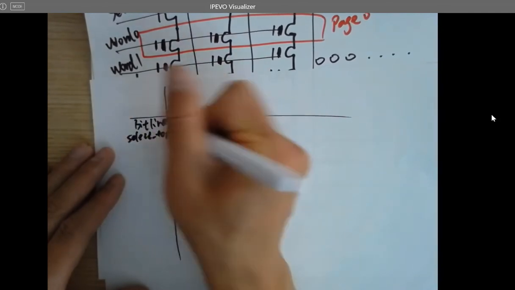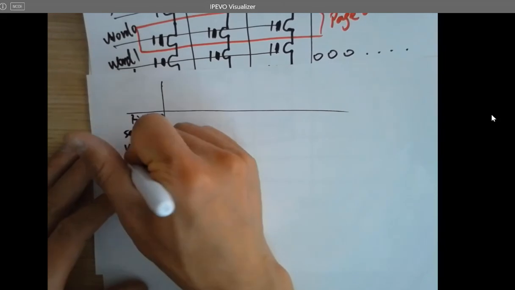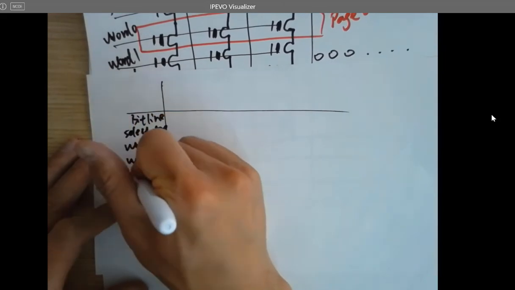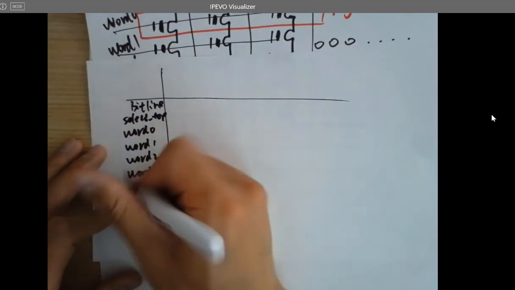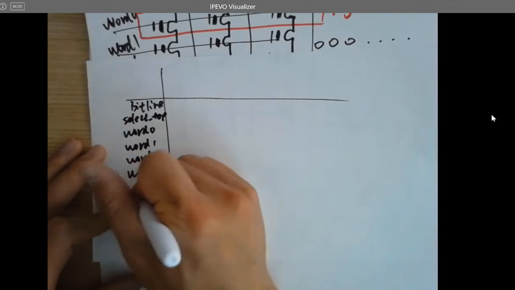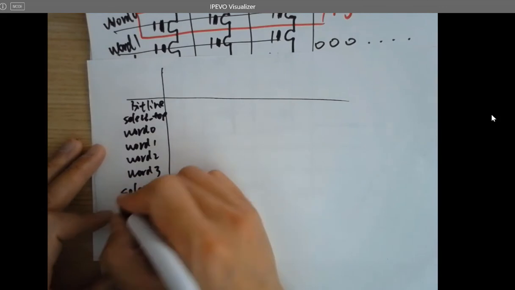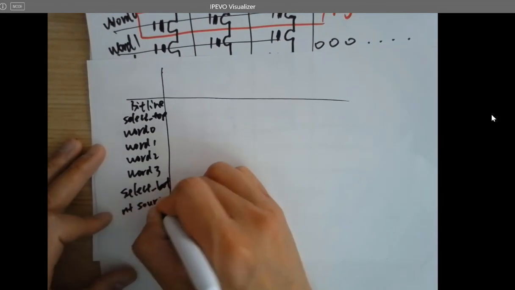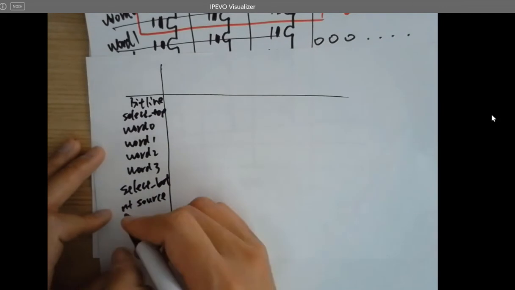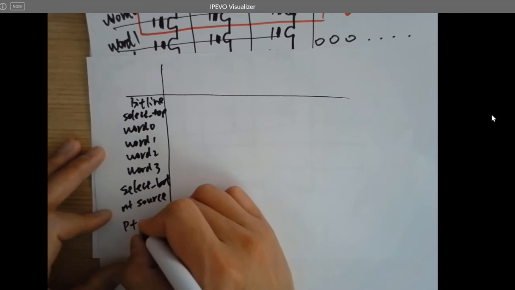select top, word 0, word 1, word 2, word 3, and select bottom and N plus of the source of this transistor, and P plus of the P plus well.